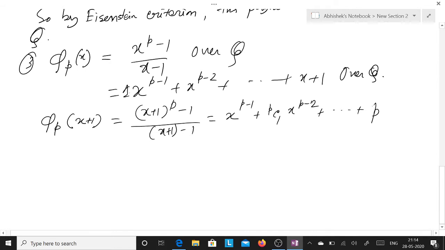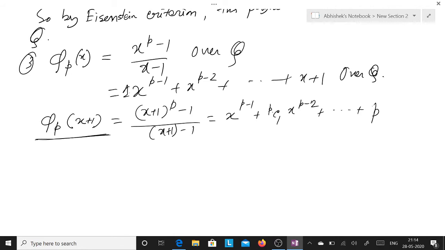Now you see that for this polynomial you have coefficients where p is involved.